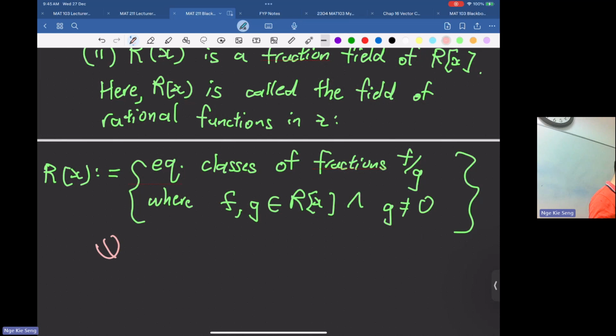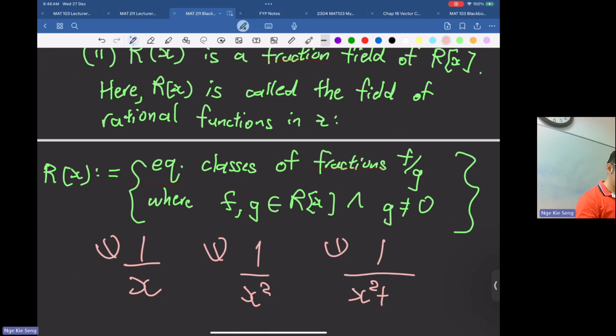For example, you can find 1 over X, 1 over X squared, and 1 over X squared plus 3. I invert every non-zero polynomial.